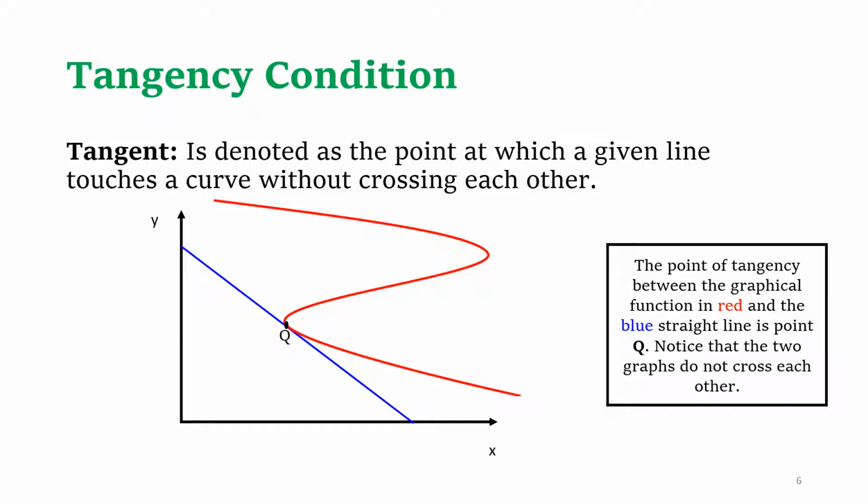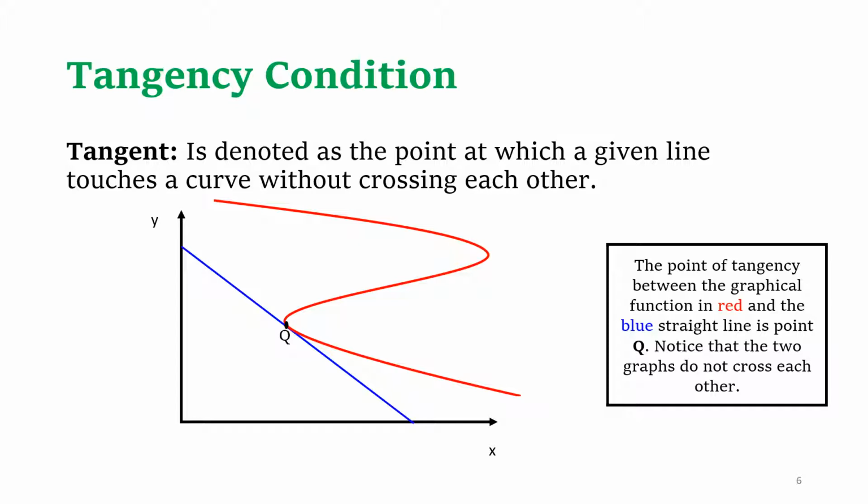So that point of tangency is referred to as a tangency condition. So the point of tangency between the graphical function in red and the blue straight line is point Q. So the two graphs do not cross each other. If they do cross, then it is not a tangency condition.